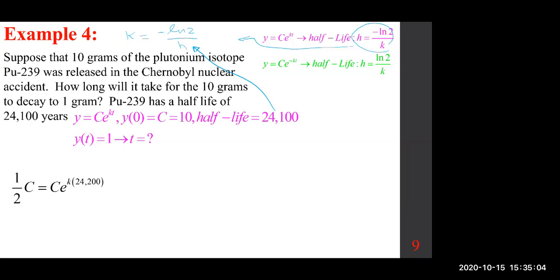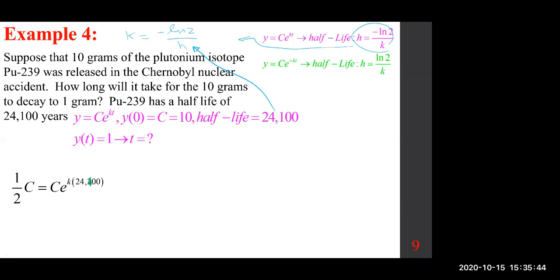So if we go through the process, half-life, half of c is c e to the power of k times t. We said t is 24,100. Class, this is 24,100.